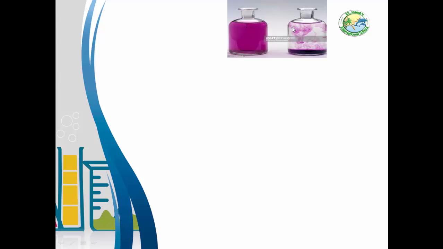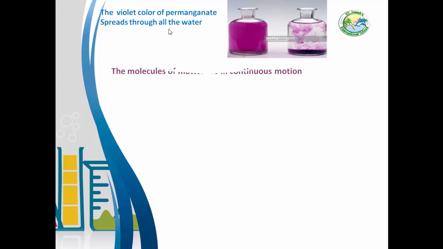So we put the drop of permanganate, and this drop dissociates into particles and they spread in water gradually in all directions until the color of water has changed into violet, as you see. So the violet color of permanganate spreads through all the water. And also we have proved the first property, which is that the molecules of matter are in continuous motion. We have a give reason question here.